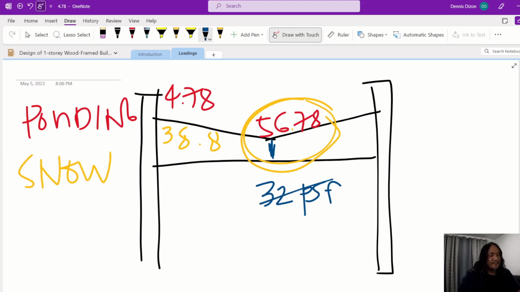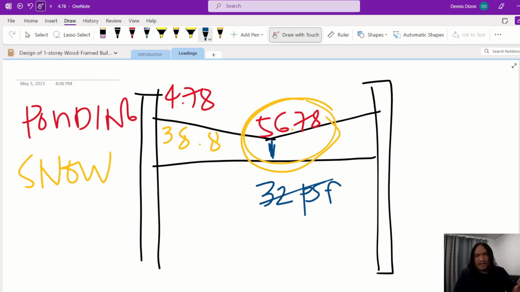But in this case, our snow load is 38.8, but our ponding load, although this is tapered, highest at the very bottom, which is 56.78, then in the load combinations when you design your roof truss, you have to indicate in the roof framing plan how much is the snow load and how much would be the ponding load.